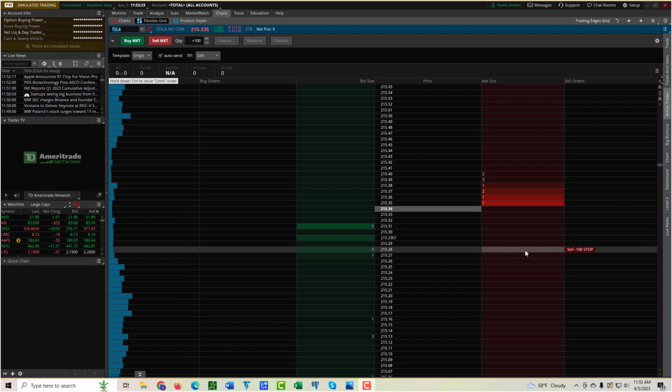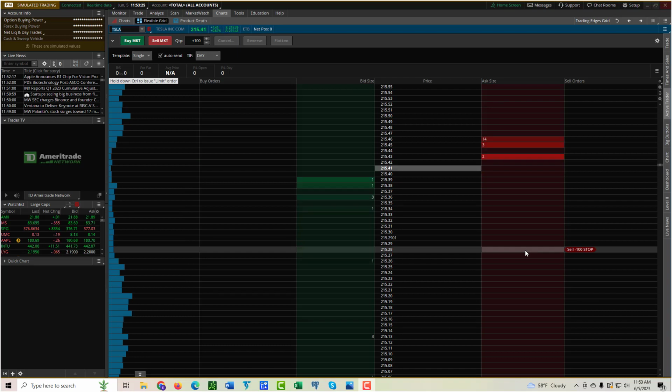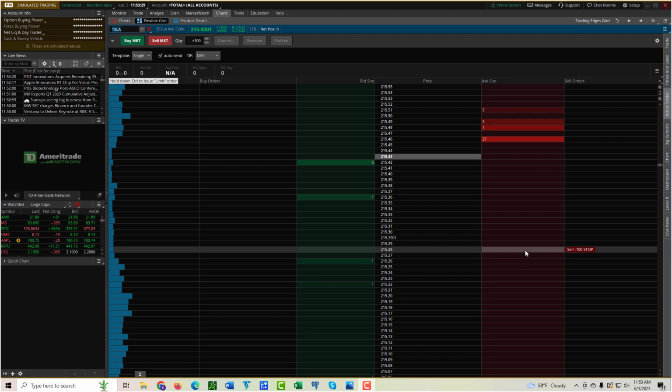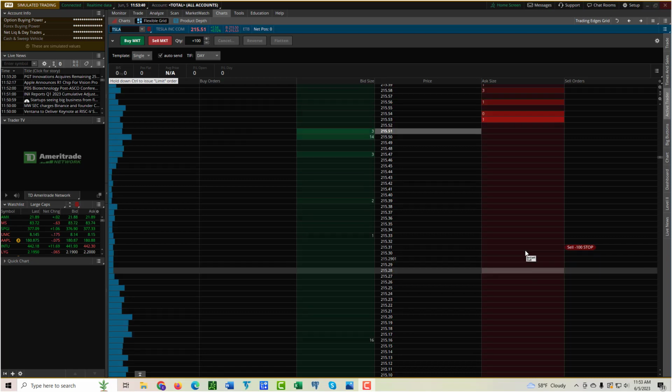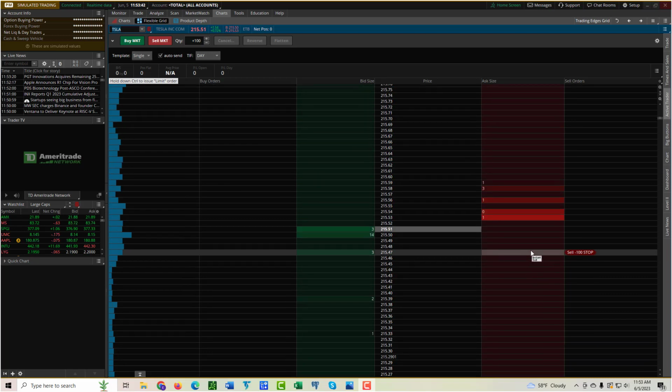The way transactions happen in the stock market is when the bid and the ask at any given moment match up. If there's a bidder who's willing to pay a particular price for the stock, and at the same moment there's a seller willing to sell it for the exact same price, that's when a transaction happens because they both have the same criteria.